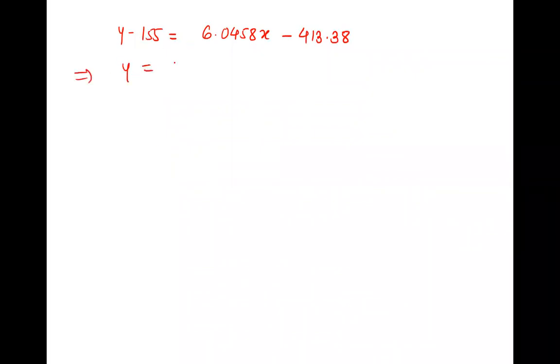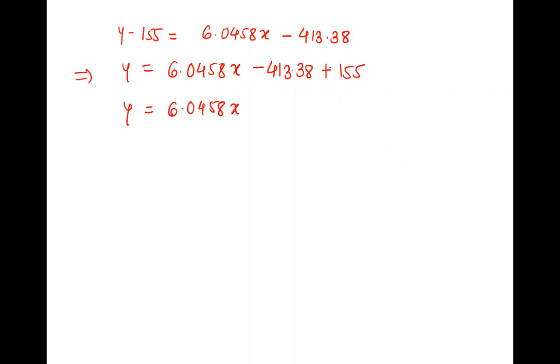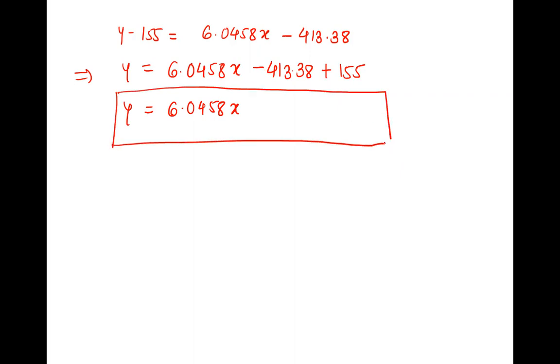So y is equal to 6.0458x minus 413.38. This is minus here, to this side it becomes plus. So y is 6.0458x minus, write it as it is on the calculator, minus plus this. See what is the number. Minus 258.38. Check.